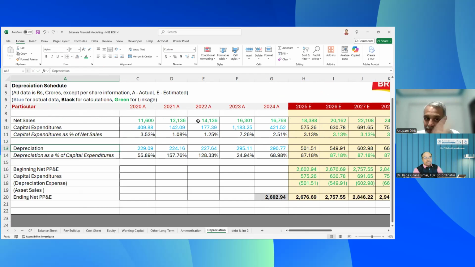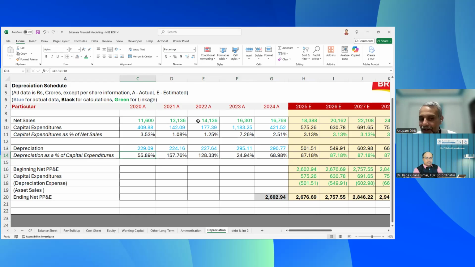Based on the capital expenditure, we have also got the depreciation, which we have taken from the company's balance sheet. Now we take depreciation as a percentage of capital expenditure. Here we observe there are huge differences, right? 157 here, 128 here, 24 here, 68 here, and 55% here, right?